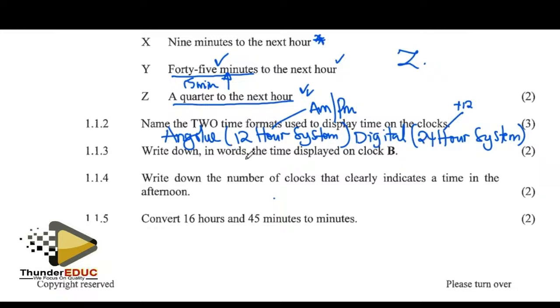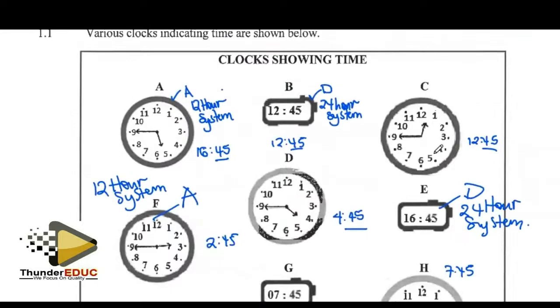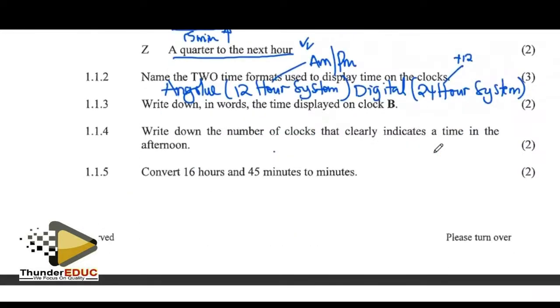All right, write down in words the time displayed on clock B. Let's go to clock B. When you look at clock B, it's already digital, but I want to write it in words. I mean in words, not in numbers. Let me write it down here for you to see what they're trying to say.